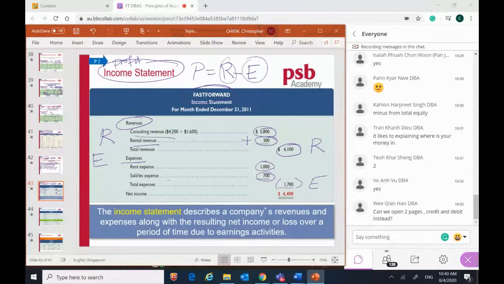Total expenses $1,700. How do we get the net income or the net profit? Well, the word income means profit. How do we get the net profit? Take the revenue 6,100 minus the expenses 1,700.